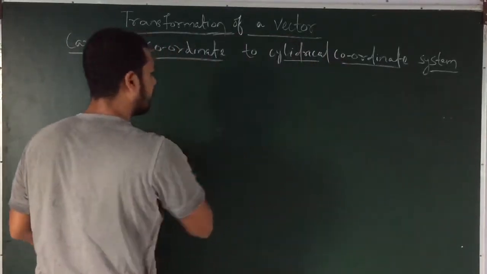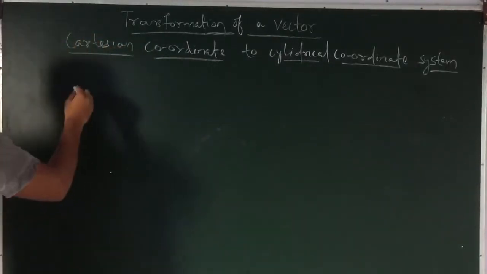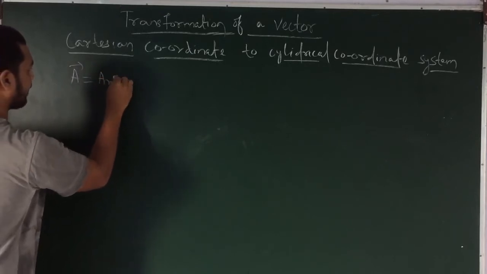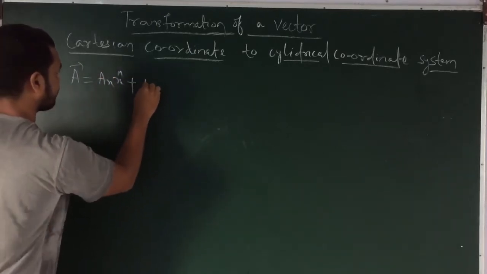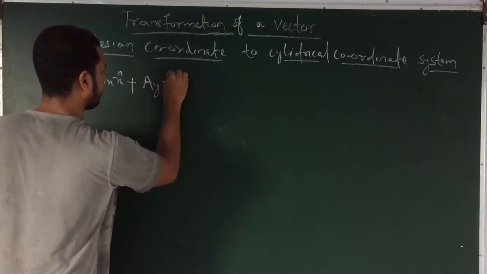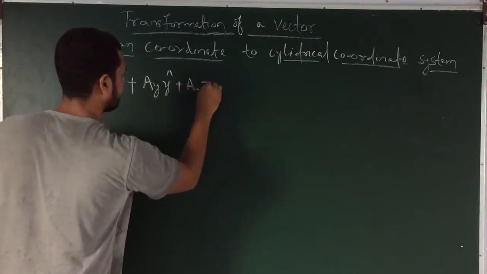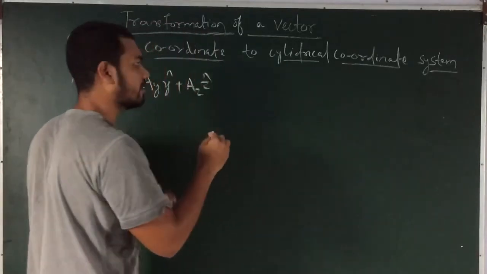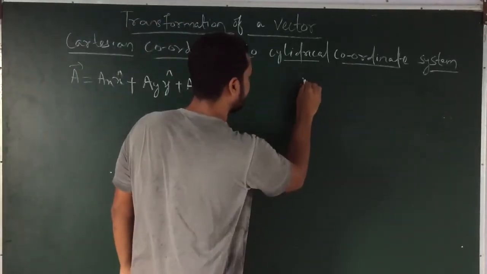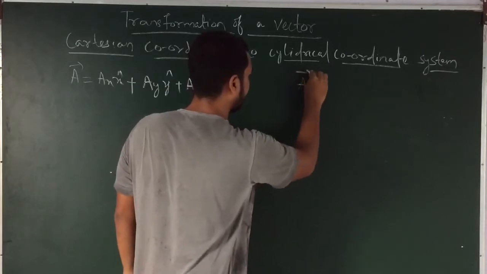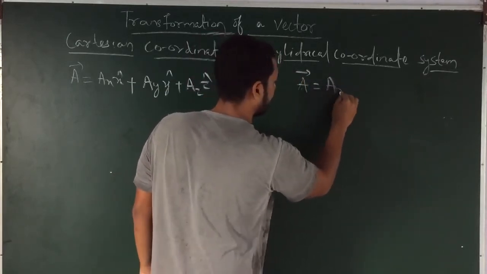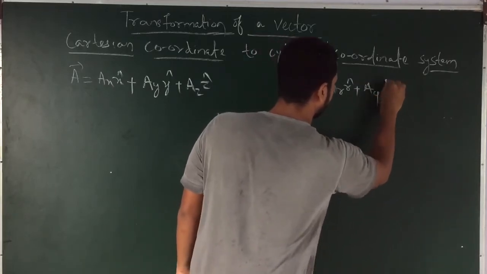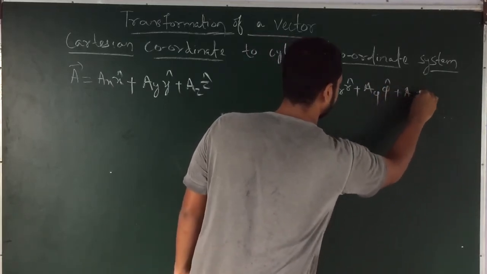The general form of a vector in Cartesian coordinate system is of the form Ax x cap plus Ay y cap plus Az z cap, and the general form of a vector in cylindrical coordinate system is of the form Ar r cap plus A phi phi cap plus Az z cap.